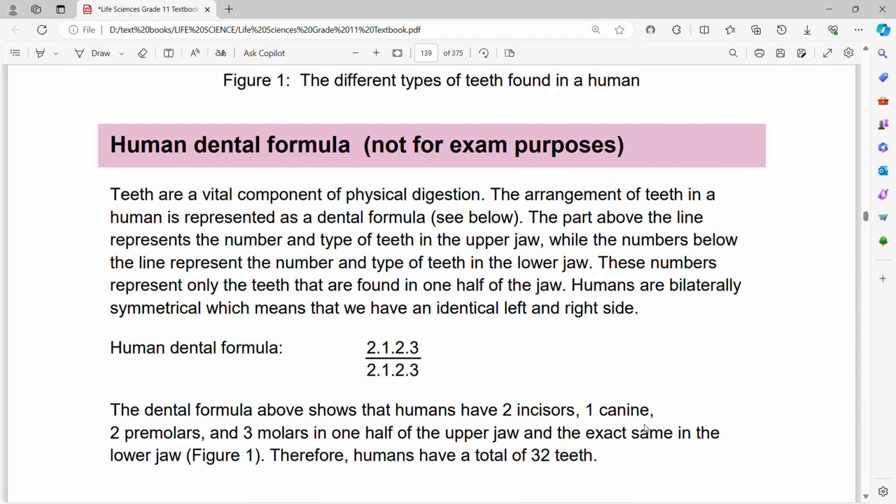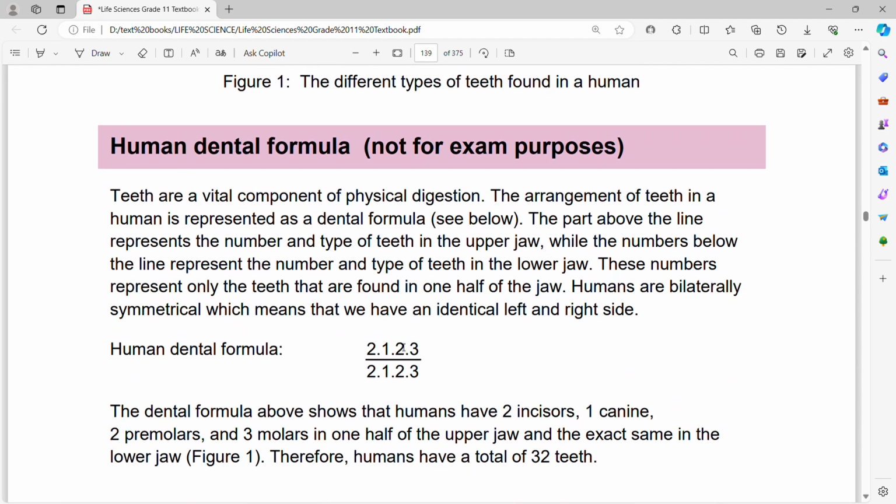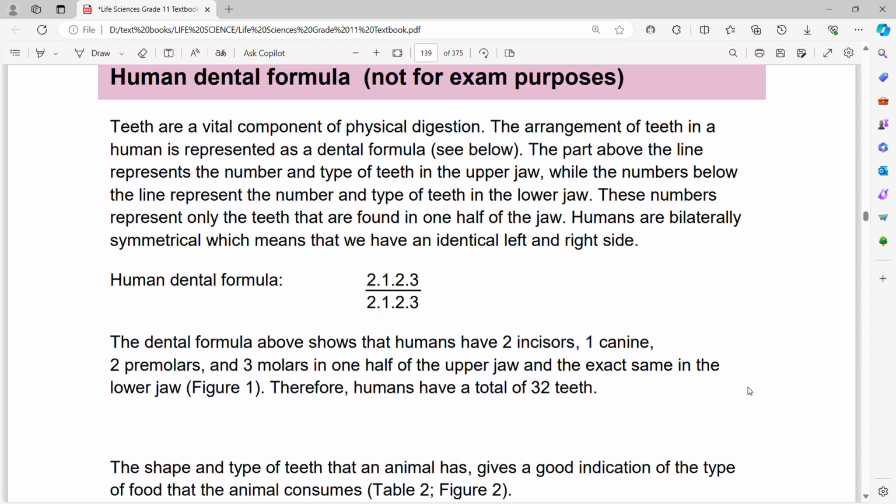And it is exactly the same ratio. So two incisors, one canine, two premolars and three molars in the upper half of the jaw and the lower half of the jaw. And in total, human beings have 32 teeth.